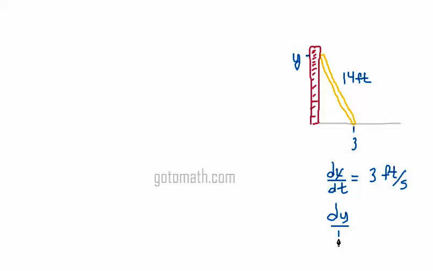So this is what we need to find. Now, there's something else we need to find, and that is this distance from here down to here. We need that because we're going to plug it into the formula that we're going to use for finding dy over dt.